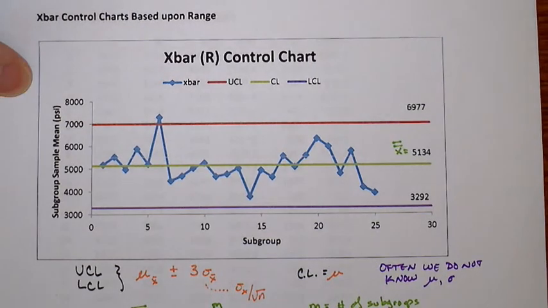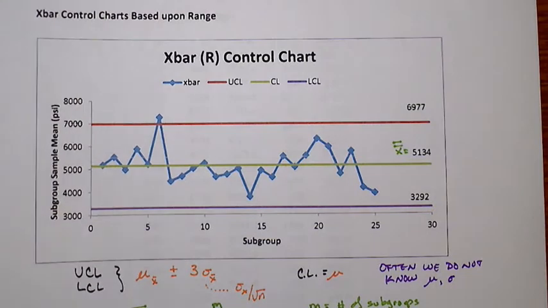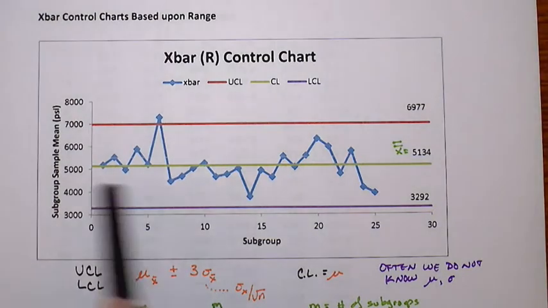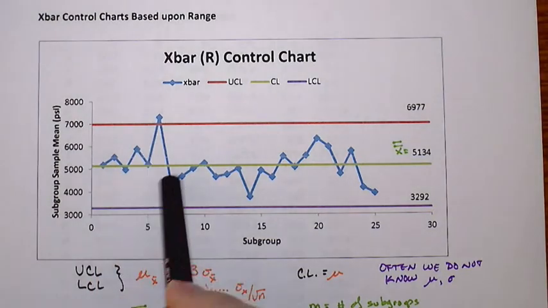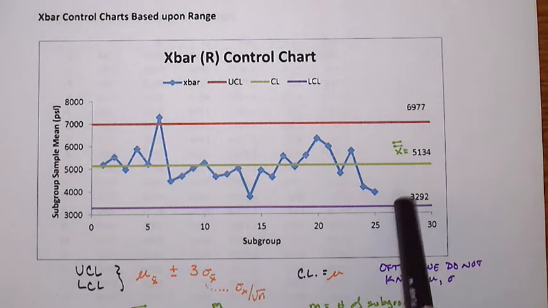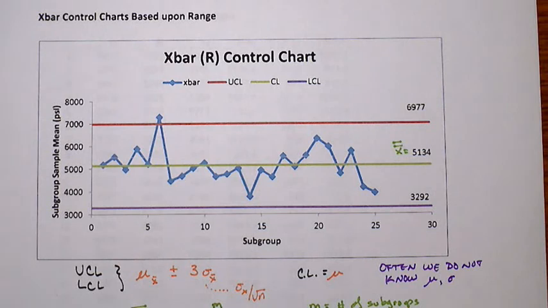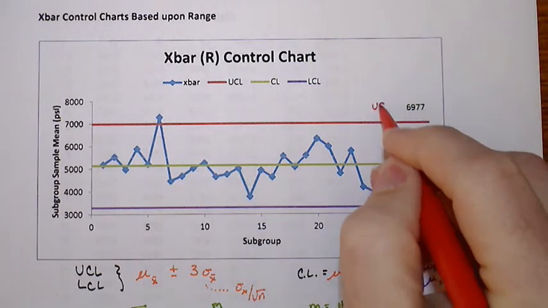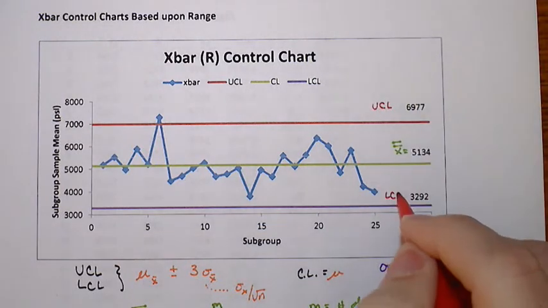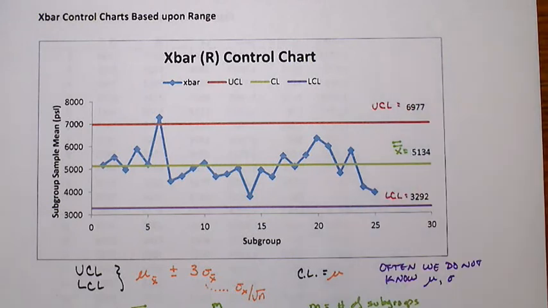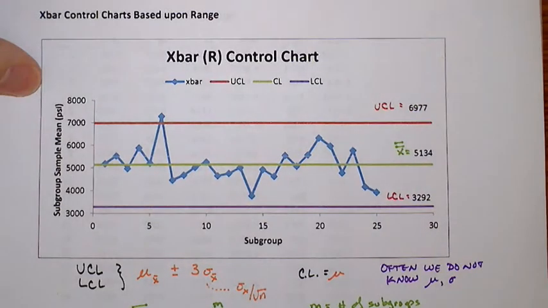Right, now, I just showed you conceptually how to go about doing this, but let's get into some of the specific numbers, in particular calculating the upper control limit and the lower control limit for this specific case, and also the grand mean.